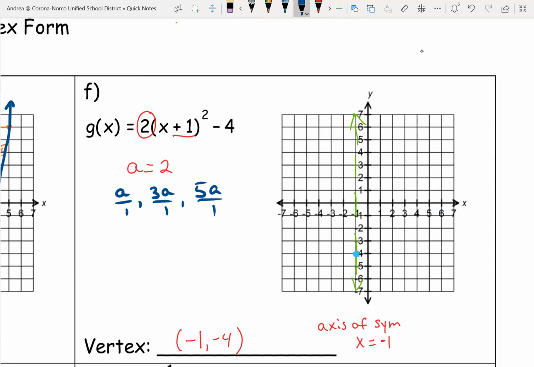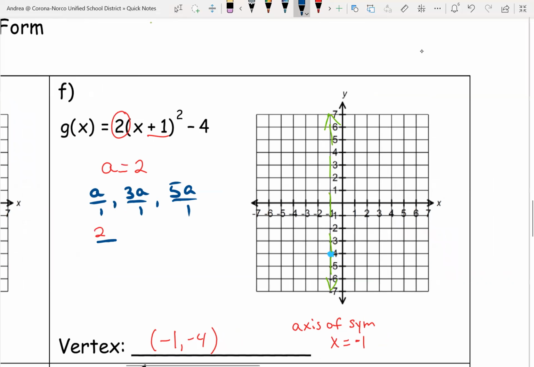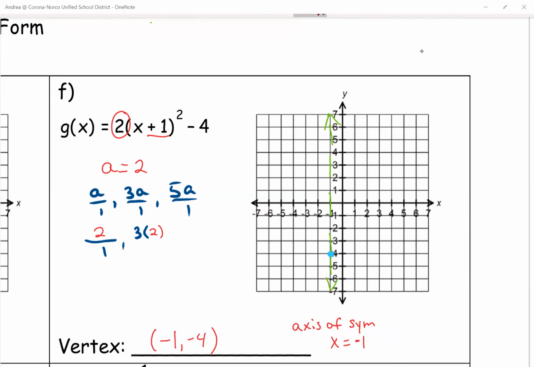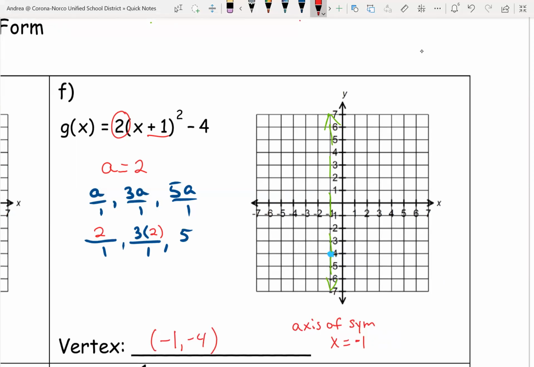We plug it in. We get 2 over 1, then 3 times 2 over 1. Then 5 times 2 over 1.